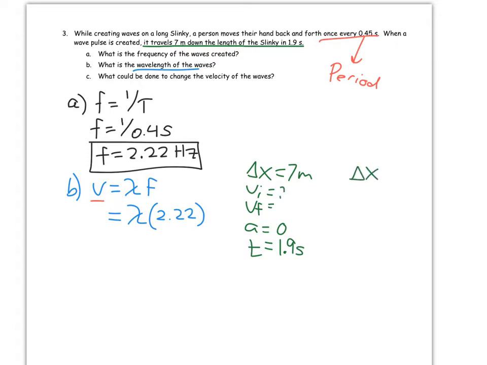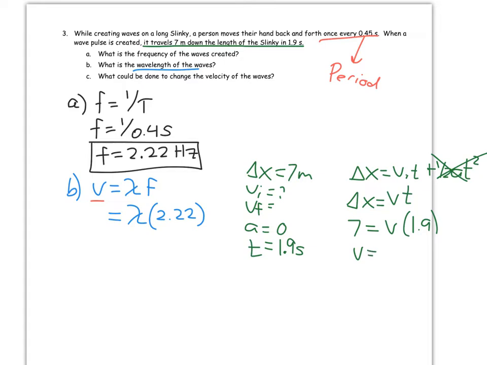And so we can say delta x equals v_i t plus 1/2 a t squared. Like we said, that acceleration term goes away. And so you really just get this delta x equals velocity multiplied by time, which is true in cases when something's not accelerating. So 7 is going to be equal to our velocity times our time, which was 1.9 seconds.